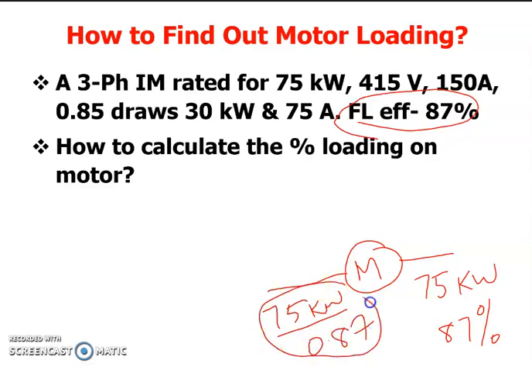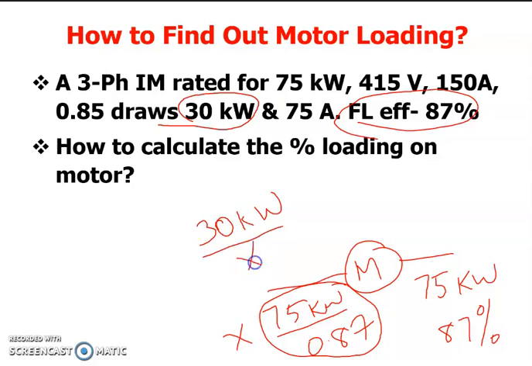This will give you the input power. And it also says that it is drawing 30 kilowatt. So if this factor is X, then we can calculate the loading of the motor as 30 kilowatt, which is the input power drawn by the motor, divided by X, which is the rated input power.